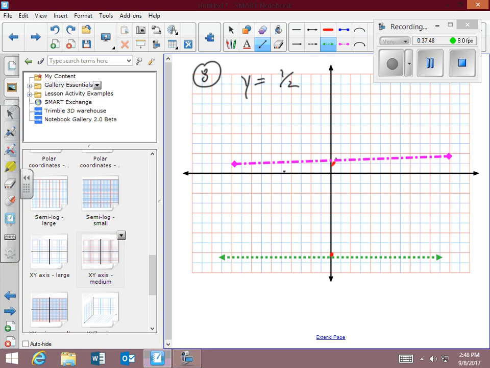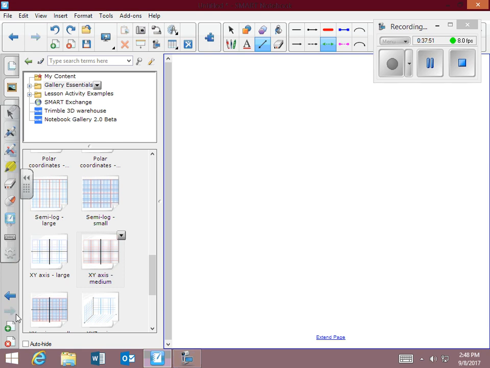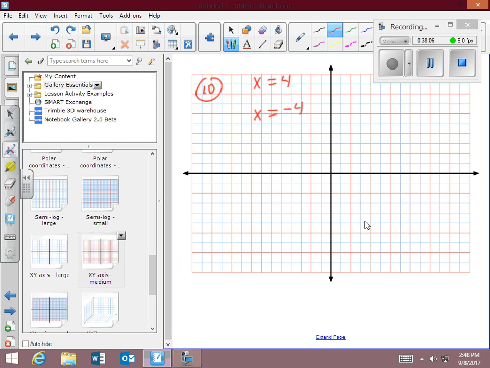So 10, it says if your line x equals 4 and x equal minus 4, are they parallel? Okay, so if x equals plus 4, there's plus 4 out here, how would you draw the line through it? Vertical line. So this would be represented by a vertical line.